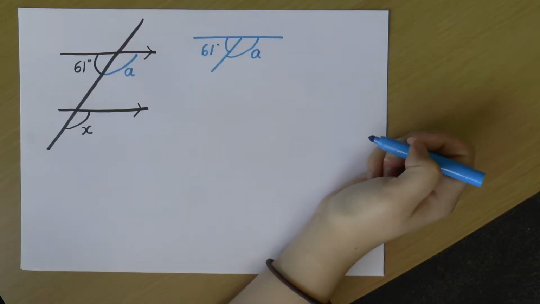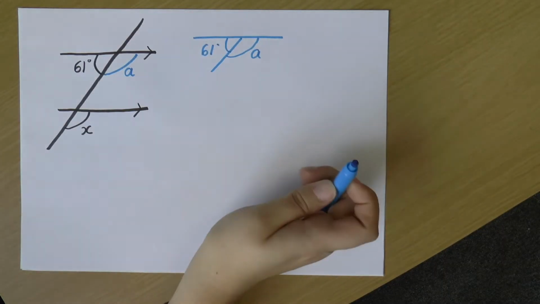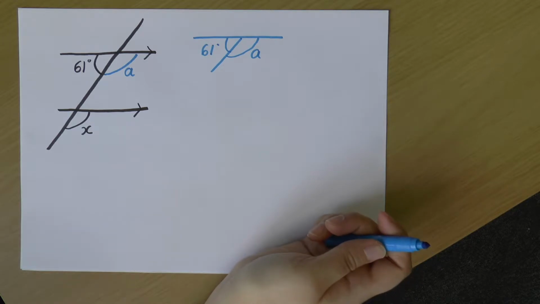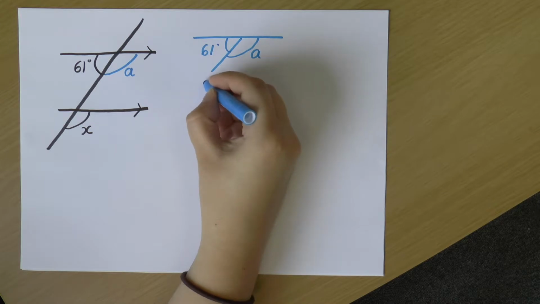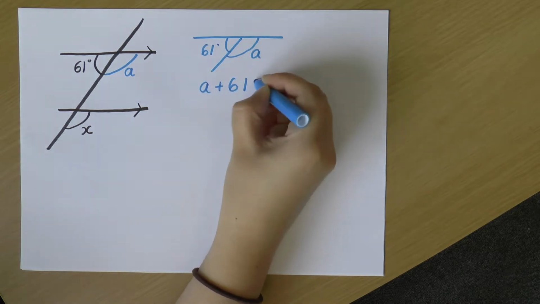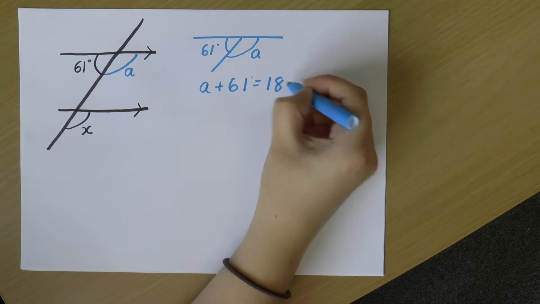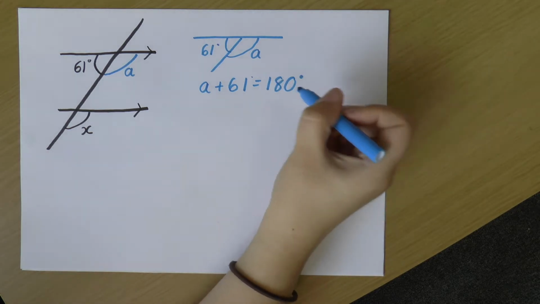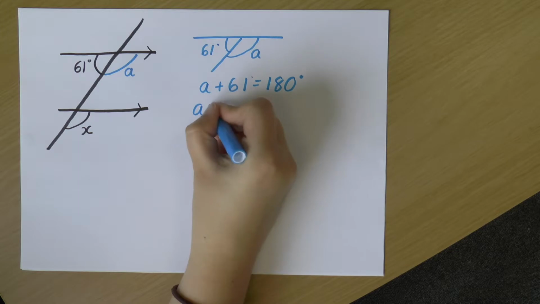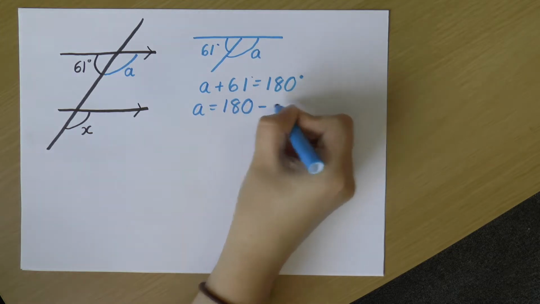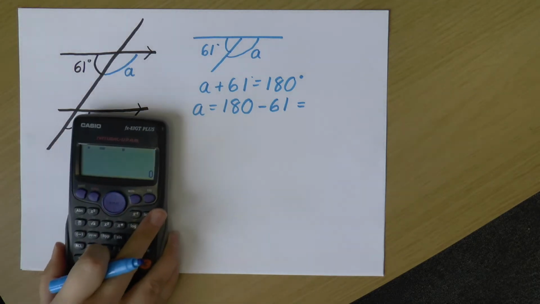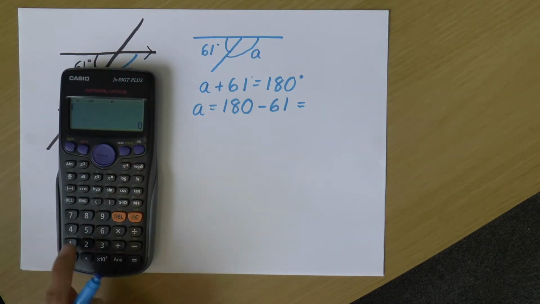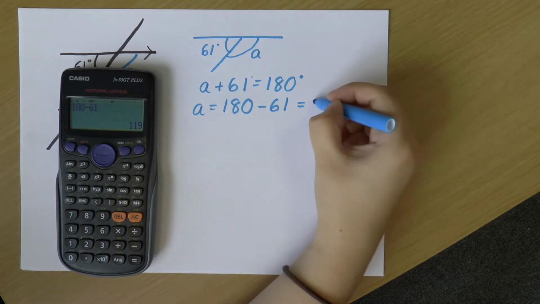and angle A there. Now I know that angles on a straight line add up to 180. So what I can do is say that A plus 61 is 180, and therefore A is 180 minus 61, which, and I'm going to pop this in a calculator, 180 minus 61 is 119.